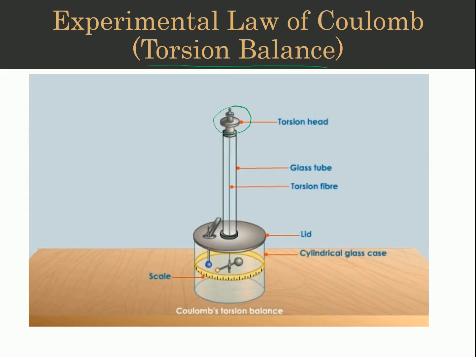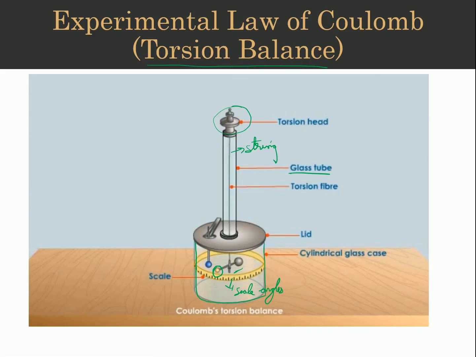It was surrounded by a glass tube, and inside there was a strong piece of string attached to it, and at the end of the string there was a needle which had a copper bob connected to it. It was a spherical bob, and the glass container where the needle and the bob were was surrounded with a scale to measure the rotation, or the angles of deflection or attraction.